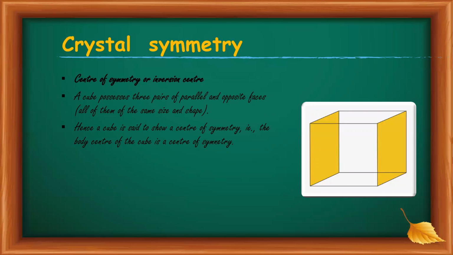It is the center of symmetry. This center lies at equal distance from the various symmetrical positions. The center must be at equal distance from the three pairs of faces.